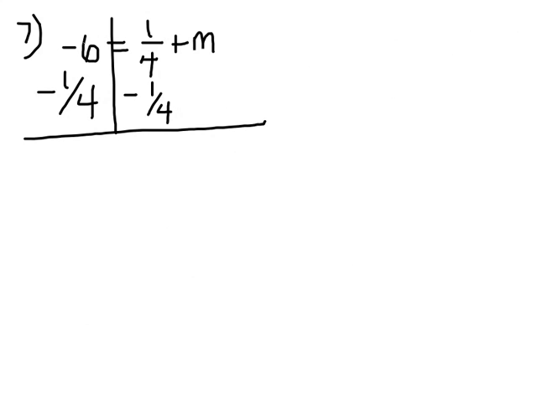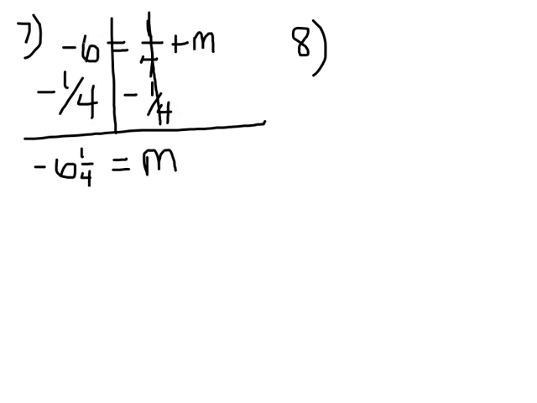On the right side of our equal sign, we have 1/4 minus 1/4, which of course cancels out. On the left side of our equal sign, we have a -6 and a -1/4. Same sign add, so basically we have 6 plus 1/4, which is 6 1/4, and it is negative.